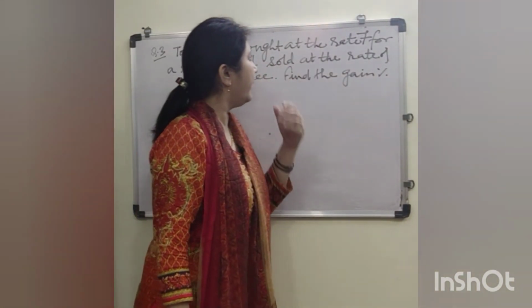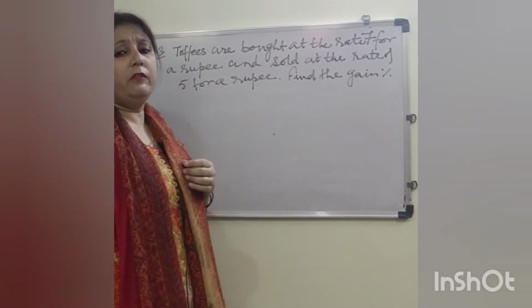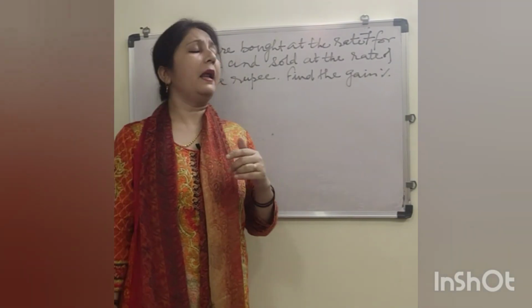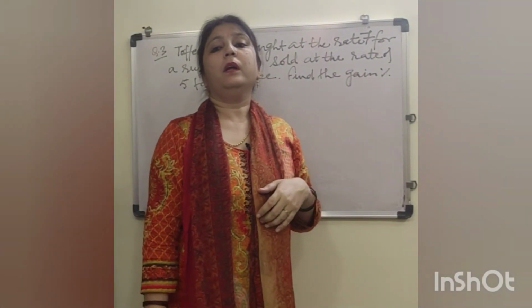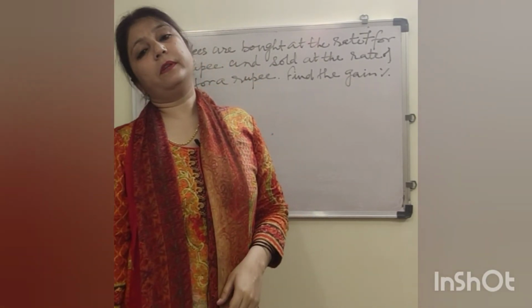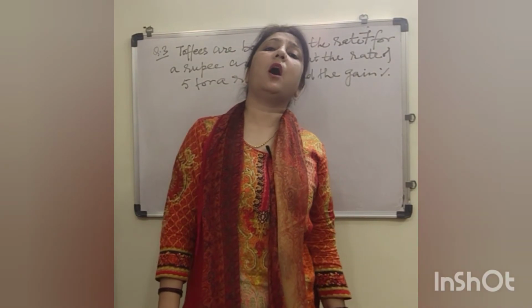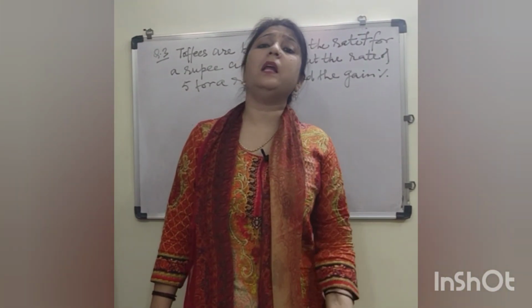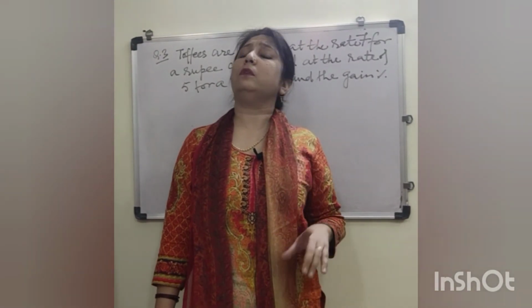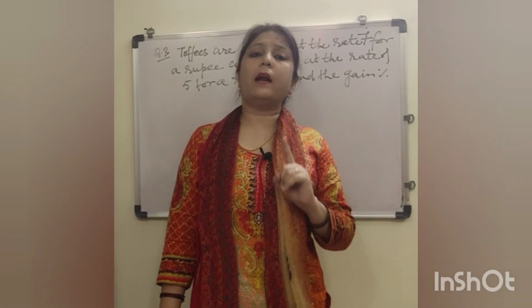Another question, children. Toffees are bought at the rate 7 for rupee 1, means 7 toffees for rupee 1, and sold 5 for rupee 1. Calculate the gain percent. So in these type of questions where we are not certain how many toffees are purchased and how many we are selling, what we do, we solve the question for one article, that is one toffee.